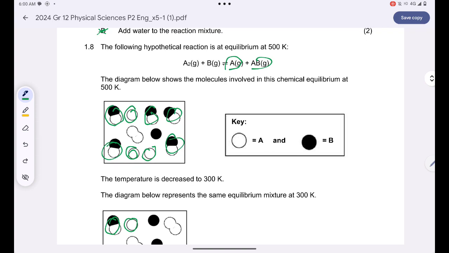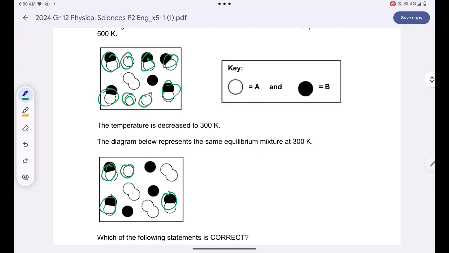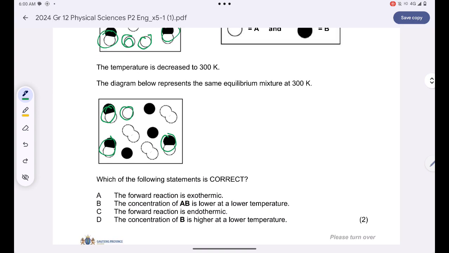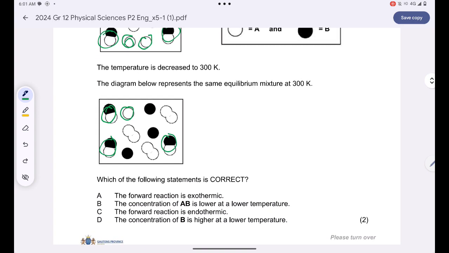So this simply means that the reverse reaction is exothermic and the forward reaction is endothermic. Are you together? So the heat will be on the right hand side because the forward reaction is endothermic. Which of the following statements is correct? The forward reaction is exothermic.